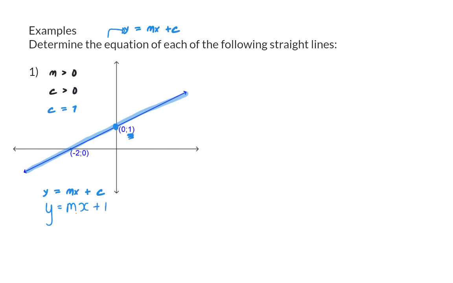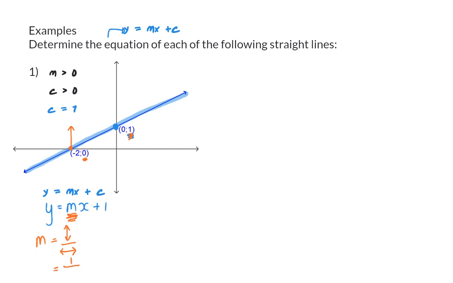Next, we need to determine this specific value for m. M is your gradient, and that is the change in y values, or the vertical change, over the change in x values, which is the horizontal change. If we start at the point (-2, 0), we have a y value of 0, and we'll have to move up 1 unit to get to a y value of 1.